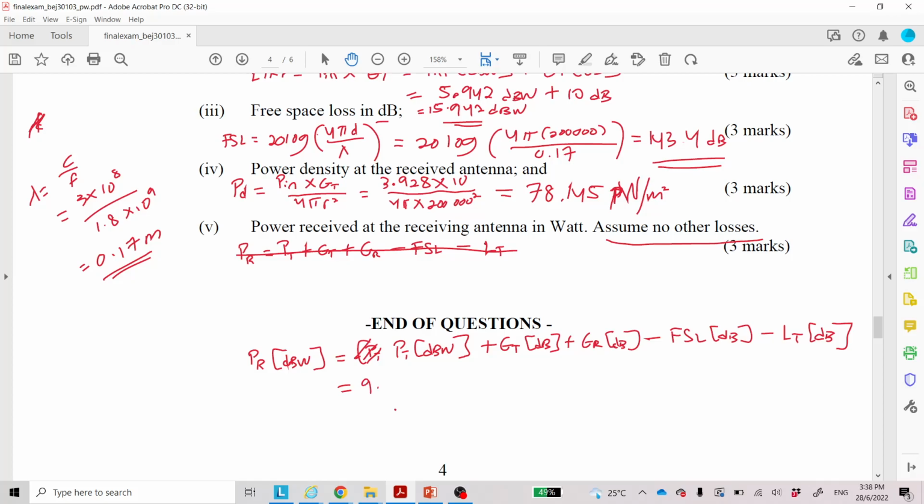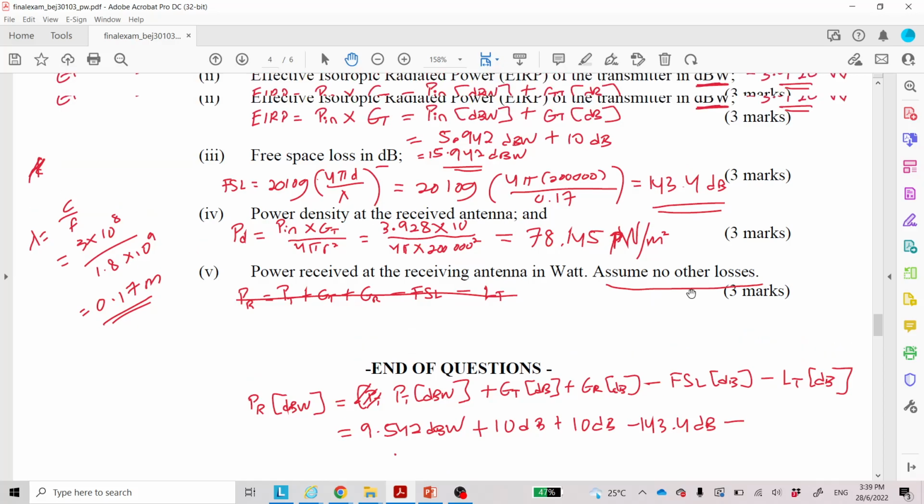Plus GT is 10 dB given in the question, another 10 dB because both antennas are the same, minus the FSL we get 143.4 dB, minus the losses due to the transmission line, which is equal to 3.6 dB.